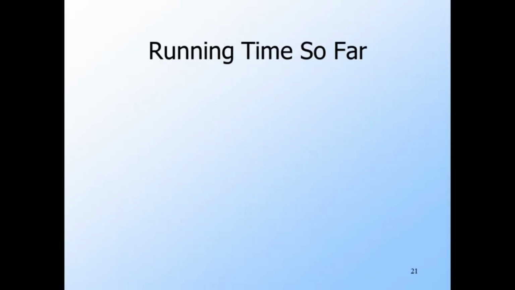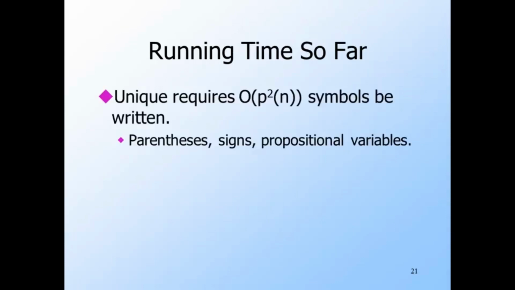Now let's see how long it takes to write down three of the four expressions we have described. Remember, we have yet to describe the hard one, moves right. Unique is actually the most time consuming. It requires that we write down big O of p squared of n symbols. The p squared comes from the fact that we range over all i and j between 0 and p of n.